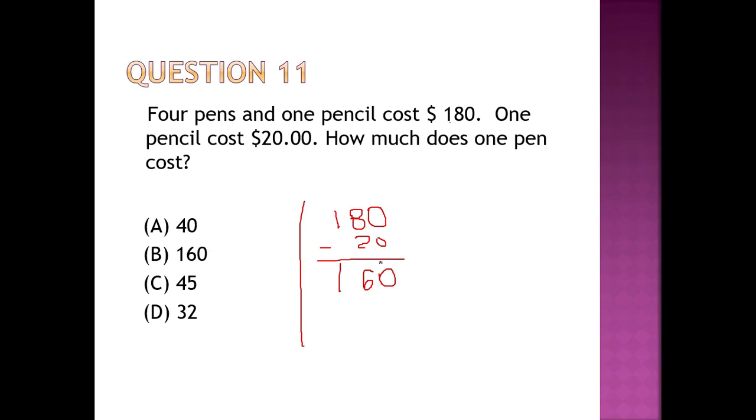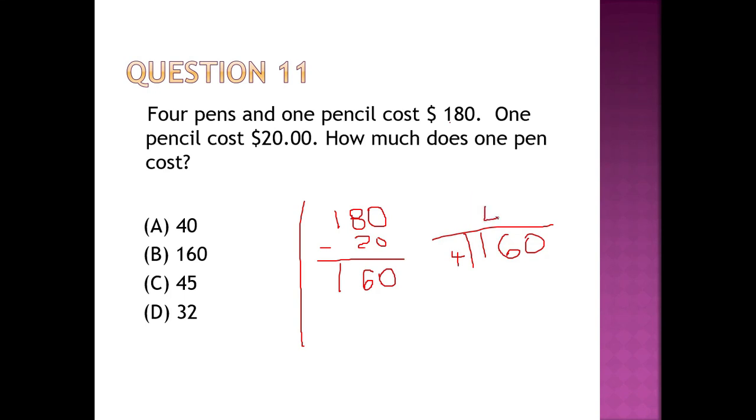$160 is an option there, but the question is not asking what is the cost for 4 pens. It's asking us for the cost of 1 pen. So what do we have to do? We have to divide this 160 by 4. What's that equal to? 16 divided by 4 is how much, guys?